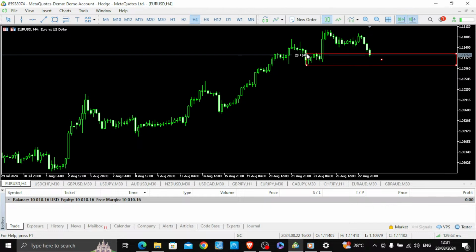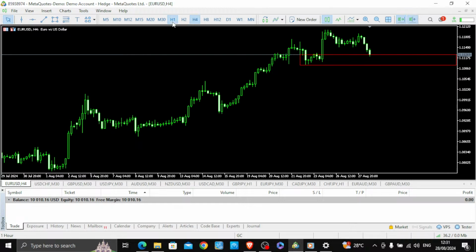That is why I have it from here. So from here to this, we will be watching for any rejection, just like a bullish engulfing candle or pin bar.